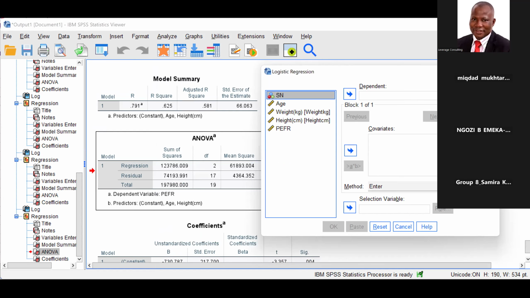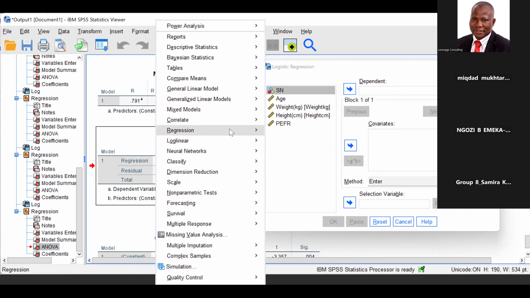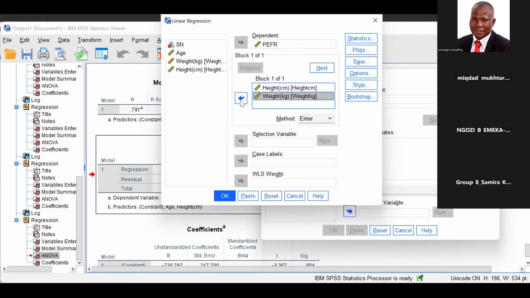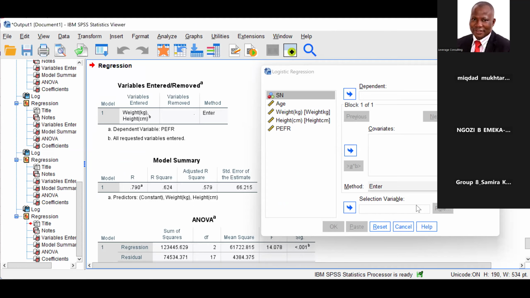So, instead of age, let's put weight to join height and see if it's going to improve. 62.4. So that shows that age is better than weight in that situation. So now let's add weight, height, and age together to see the improvement.